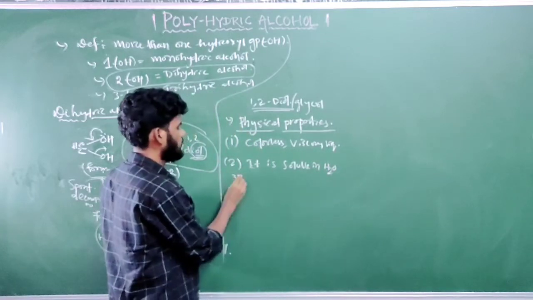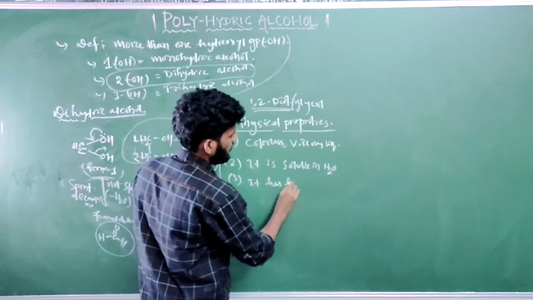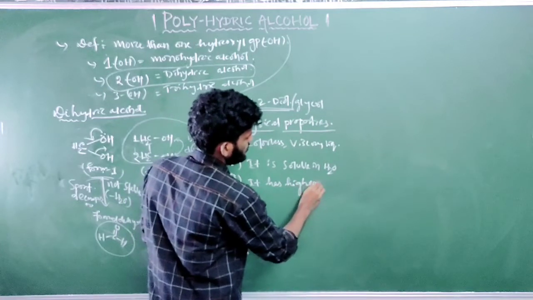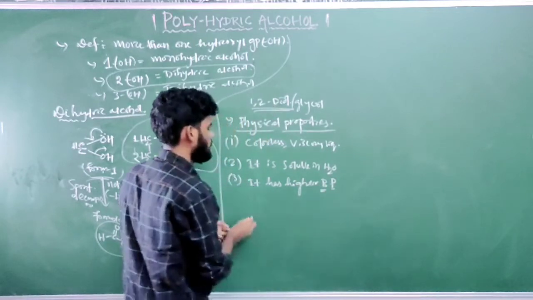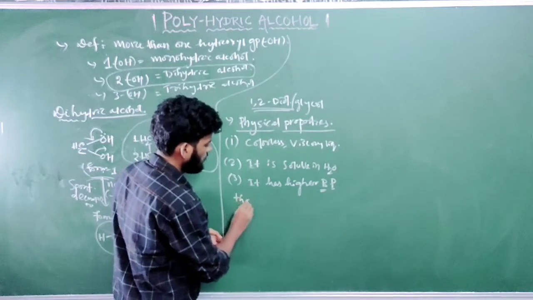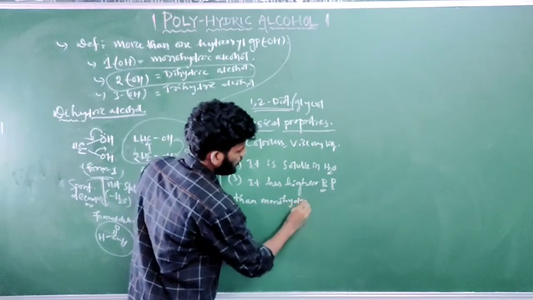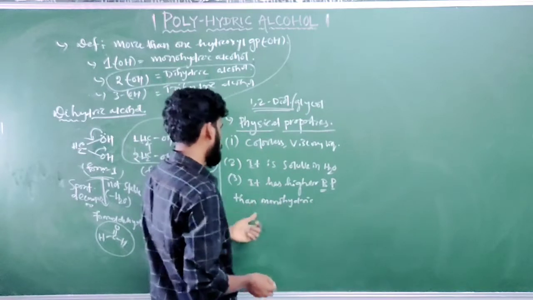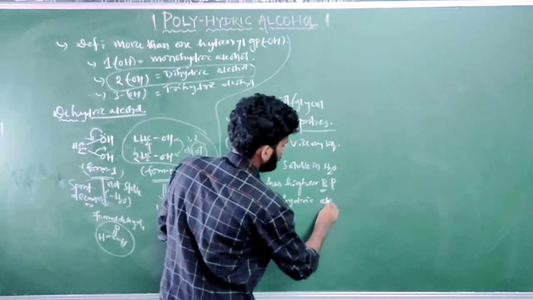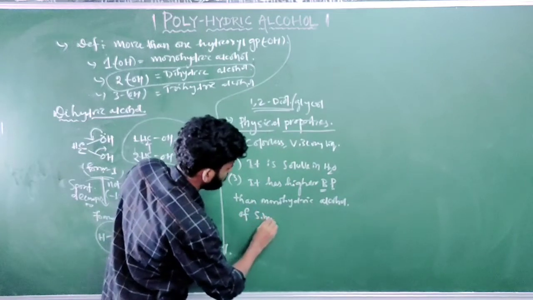In the third physical property, write it has a higher boiling point. It is a liquid, so it has a higher boiling point than monohydric alcohol, the compound where there is one hydroxyl group, of similar molecular weight.